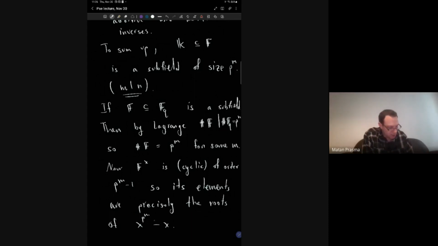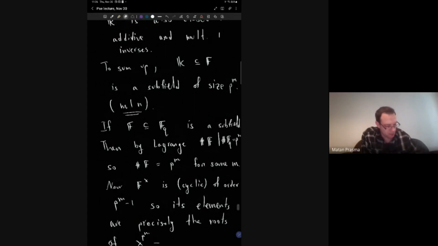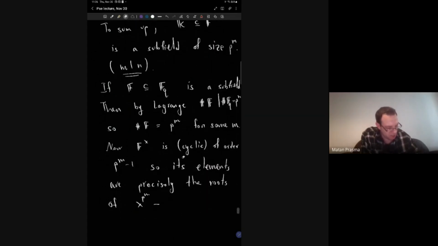Or actually, since we're talking about F star, I guess we could say it like this: the elements of F are precisely the roots of the polynomial x^(p^m) minus x.